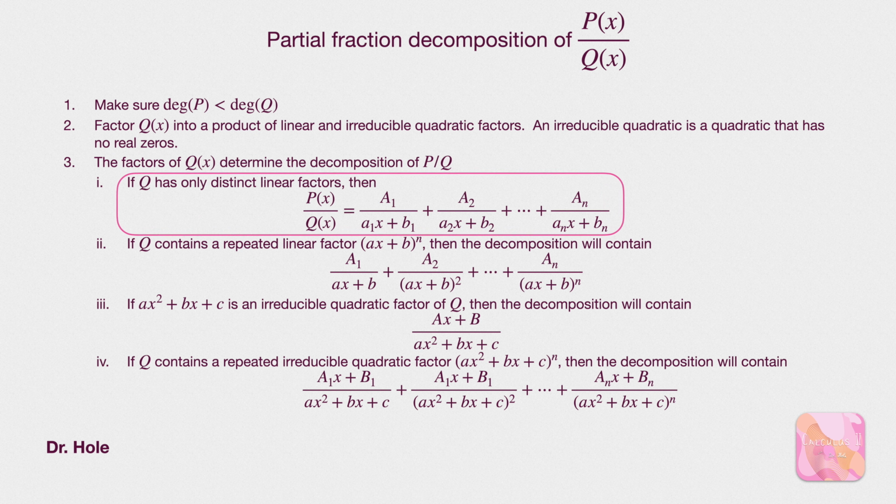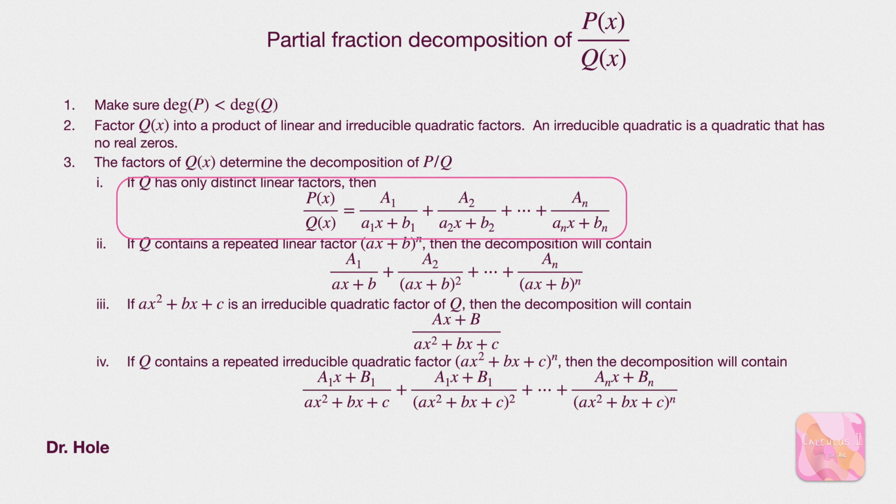For the simple case, where all of the factors are linear and distinct, you'll use each distinct linear factor to form a rational function, which is proper, and then use the strategic substitution method to determine the coefficient numerators.